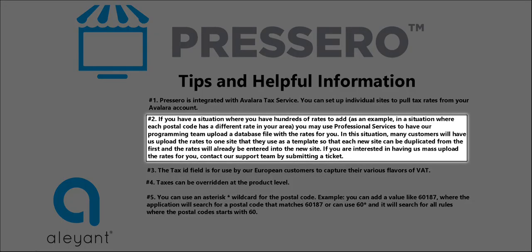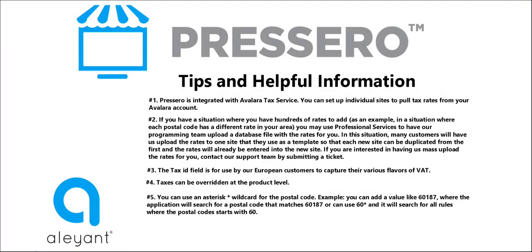If you have a situation where you have hundreds of rates to add, as an example, in a situation where each postal code has a different rate in your area, you may use our professional services to have our programming team upload a database file with the rates for you.